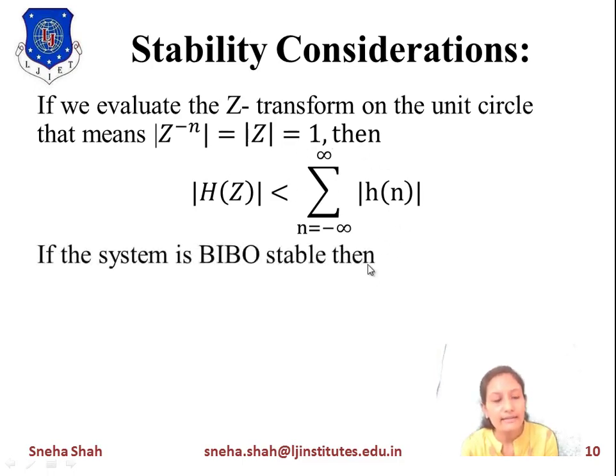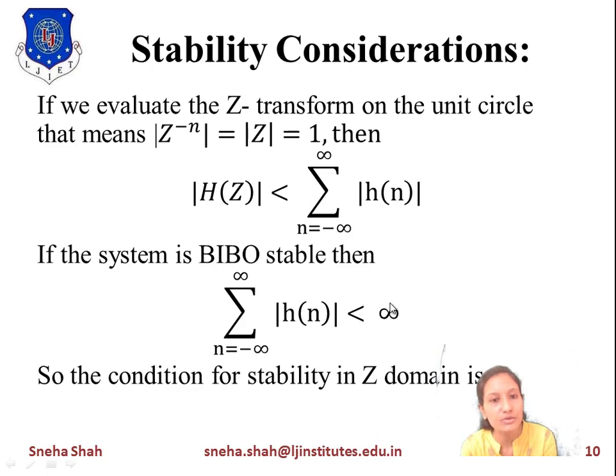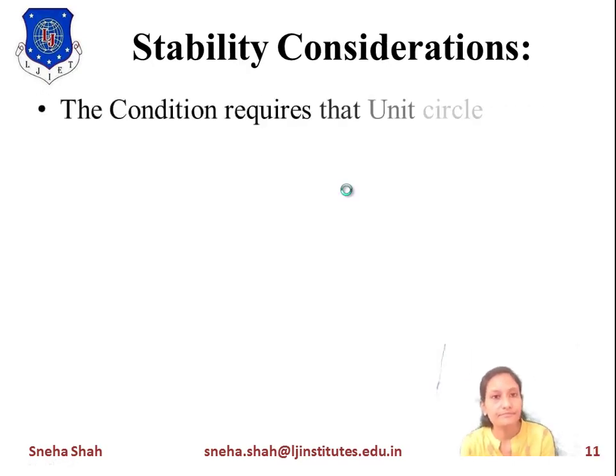Now you know that if the system is BIBO stable, then this value should be less than infinity, right? So summation n equals minus infinity to infinity of mod h of n should be less than infinity. And if we put this criterion in this equation, then the equation becomes: mod H of z should be less than infinity, because this term becomes infinity. So mod H of z should be less than infinity when we evaluate it on the unit circle.